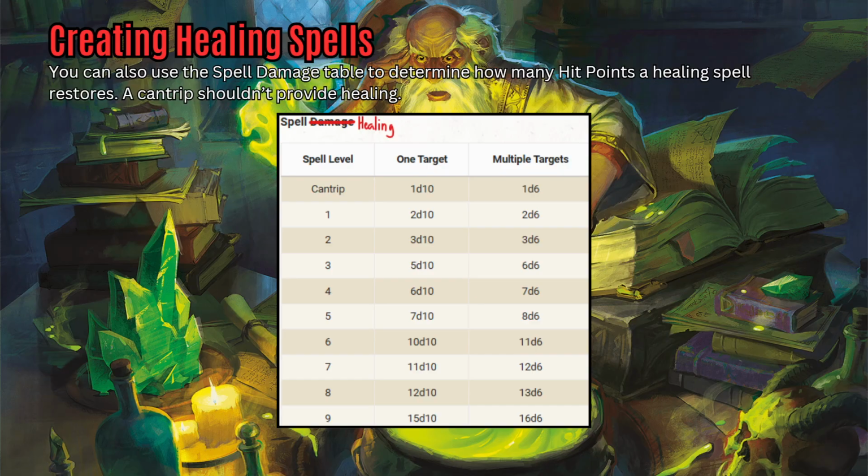I don't know if it would be unbalanced to create a cantrip that provides temporary hit points, but I imagine the same would apply, since temporary hit points are basically healing without actually healing the hit points that you have sustained. So you can also use this spell damage table for healing, and I have edited it as such to help with that.